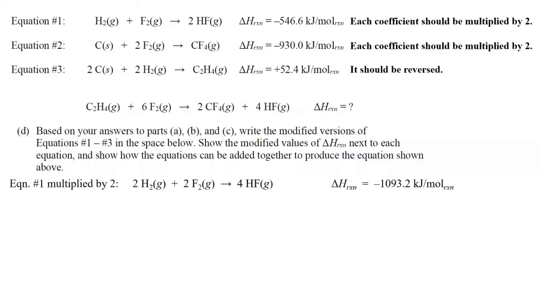Okay, so for equation 1, because it was multiplied by 2, now the coefficients are 2, 2, and 4. And since I multiplied the coefficients by 2, I also have to multiply the delta H by 2. So the delta H was negative 546.6, but now it's been doubled. It's negative 1093.2.